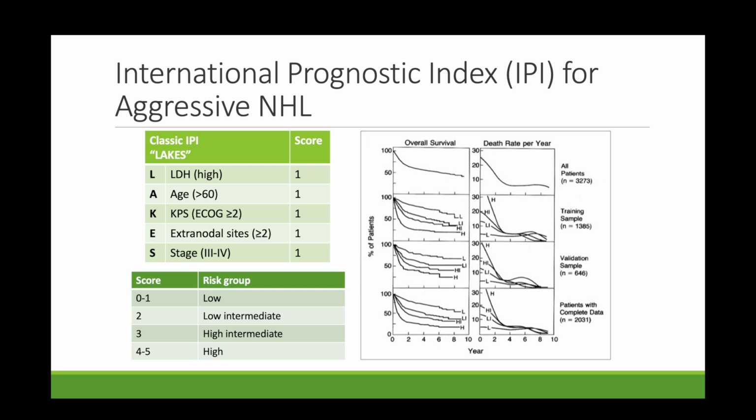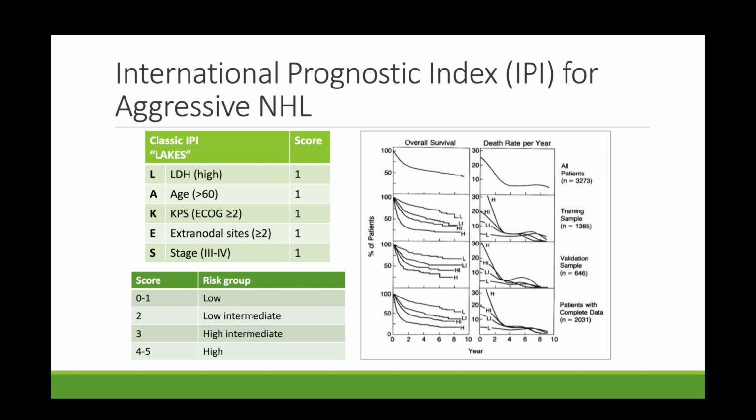Just as we talked about the International Prognostic Score for risk stratification in advanced stage Hodgkin disease, there are also some international prognostic indices to be aware of. So the first one that we'll talk about is the International Prognostic Index, or IPI, for aggressive non-Hodgkin lymphoma.